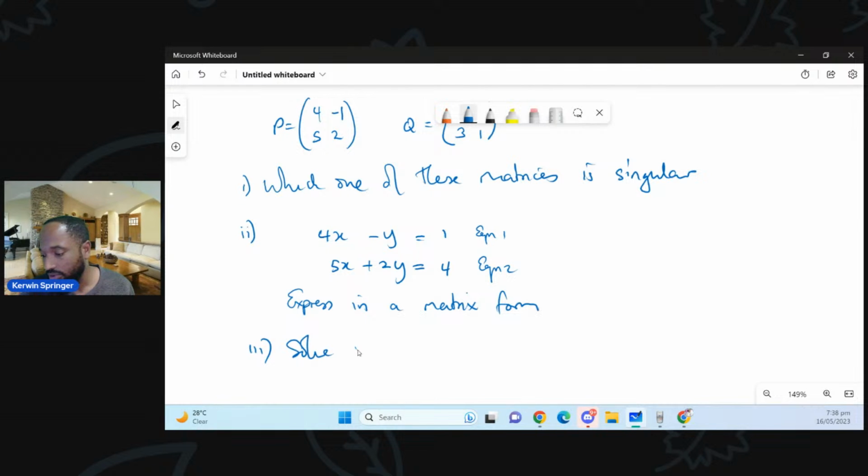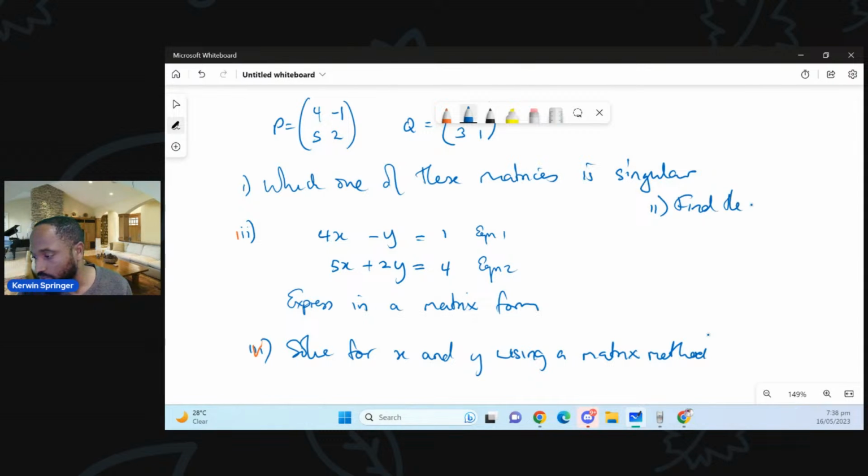Solve for x and y using a matrix method. Before they do that, let's put this as 3 and this as 4. Squeezing out 2 there, folks. They will say find the value of PQ. So again, you have a little matrix multiplication to do.